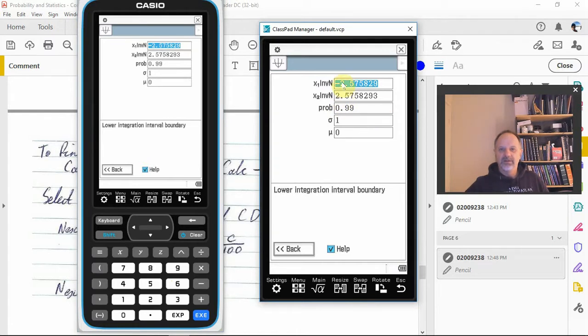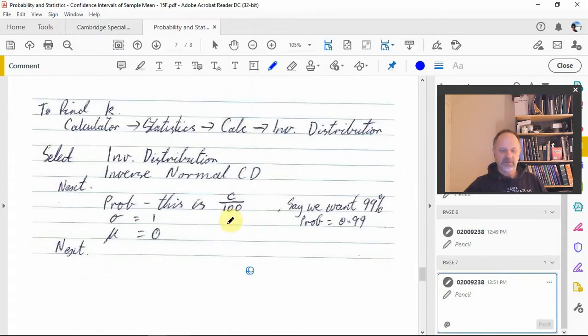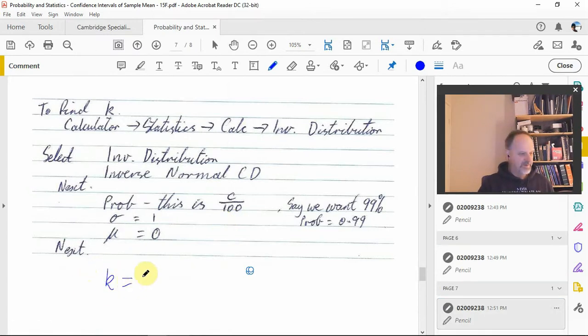And so this number here is the one that we're interested in, and we don't need to worry so much about our plus or minus bit because that's part of the formula. If we go to 2 decimal places, it's the 2.58 bit that we're interested in. All right, so if we want a 99% confidence interval, K would be 2.58 for 99%.